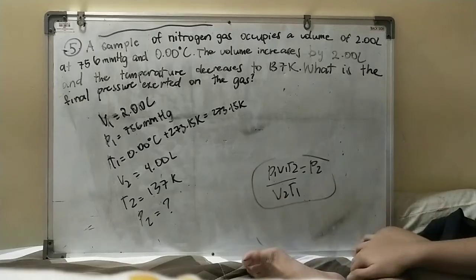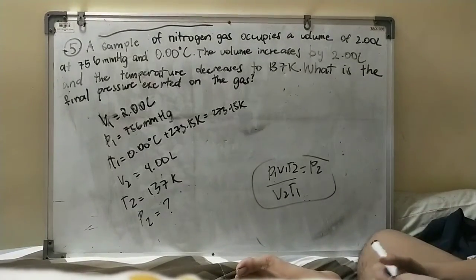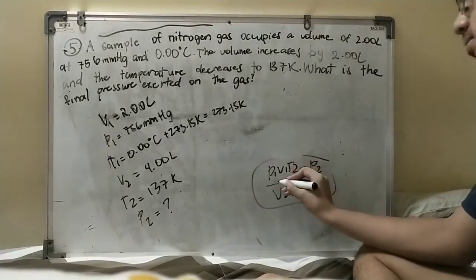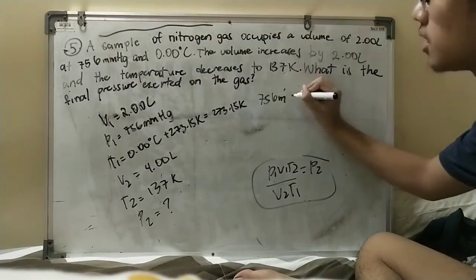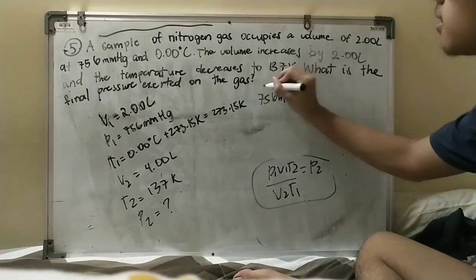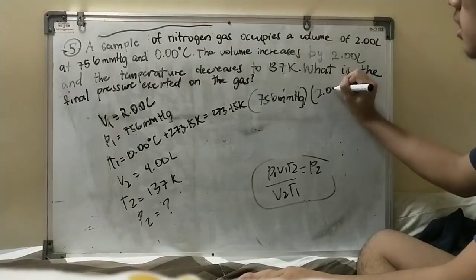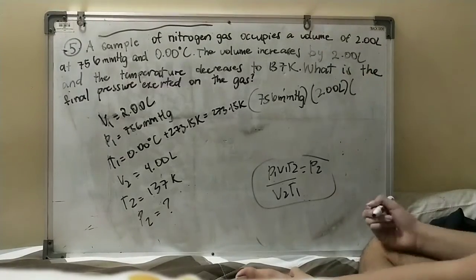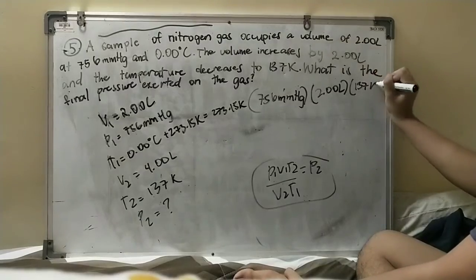Now, we will then replace the values with our formula. So our P1 is 756 mmHg. Our V1 is 2.00 liters, and our T2 is 137 Kelvin.